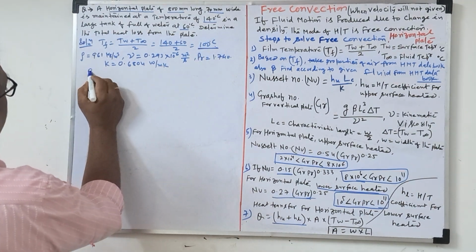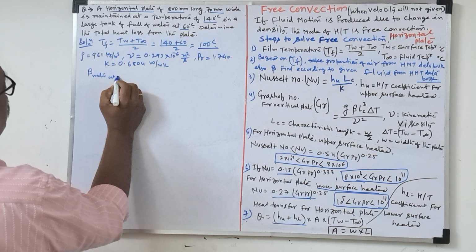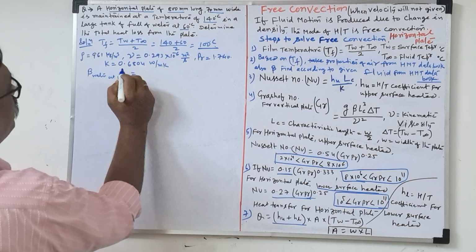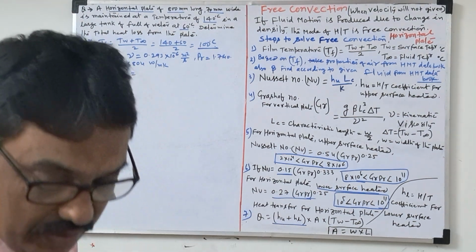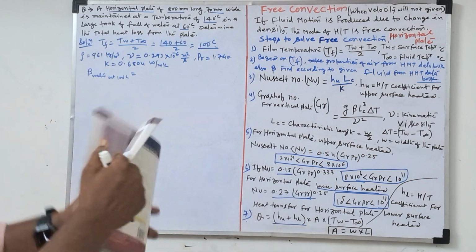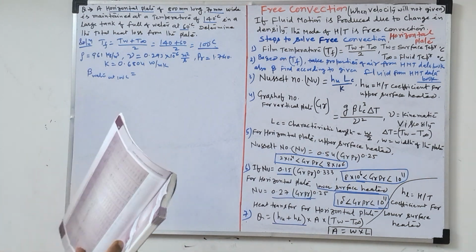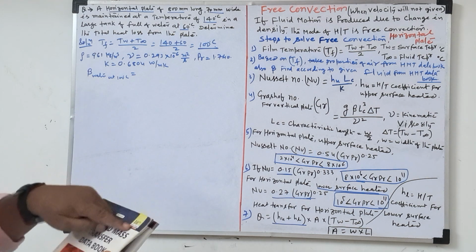And we will also find beta for water at 100 degrees Celsius from the HMT data book. If you see edition 10, the page number is 39. In edition 9, the page is 38. So according to the edition, the page will vary by 1 or 2.